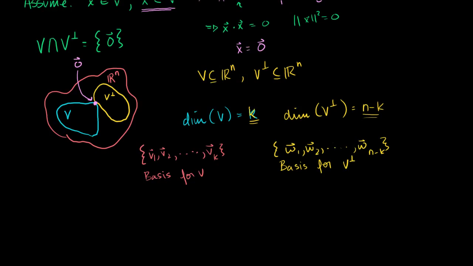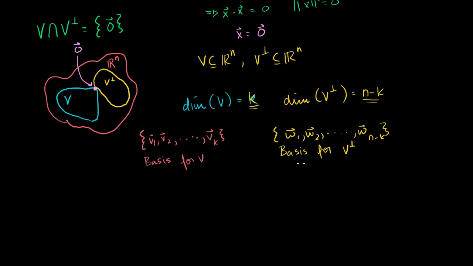Now let's explore, and I'll tell you where I'm trying to go. I'm trying to see if I combine these two sets, whether I get a basis for all of Rn. That's what I'm trying to understand.